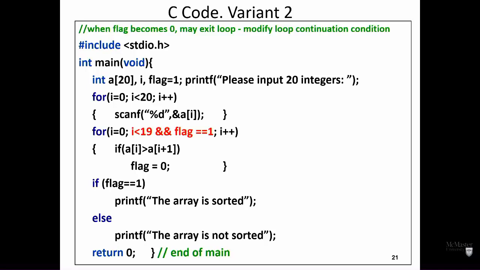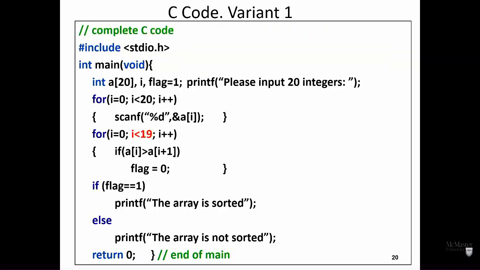Okay. Is there another way to do that? Yes, because after you violate your condition one time, there is no need to continue the iterations, right? For example, here, I violated my condition, so I know at this point that the array is not sorted anyway. So there is no reason to keep going.